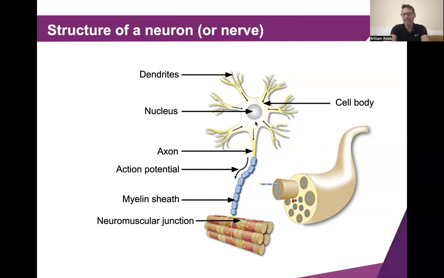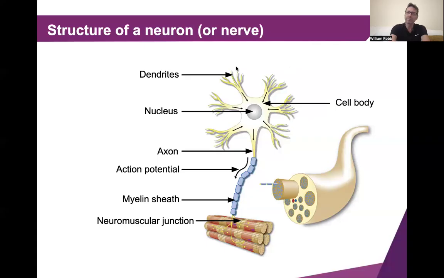That information is then sent down the axon. The information that is sent down the axon is called the action potential. Around the outside of the axon is a myelin sheath to protect the axon, and the axon will terminate onto the muscle via a neuromuscular junction.